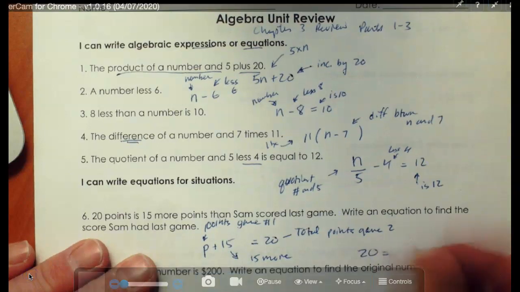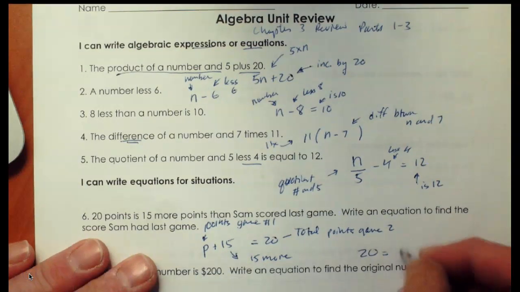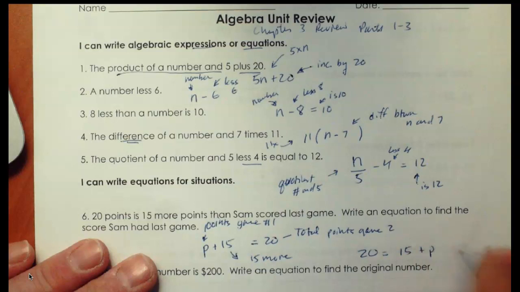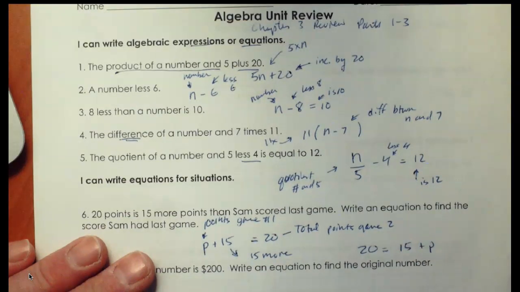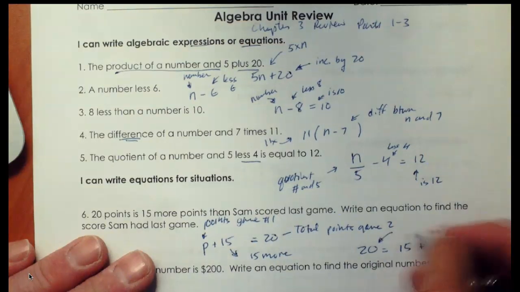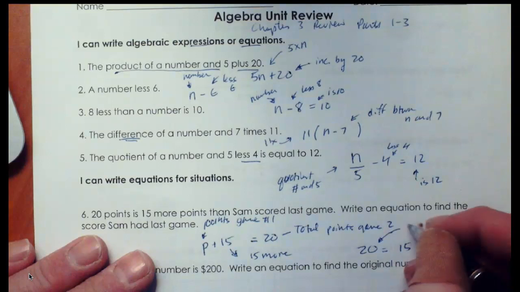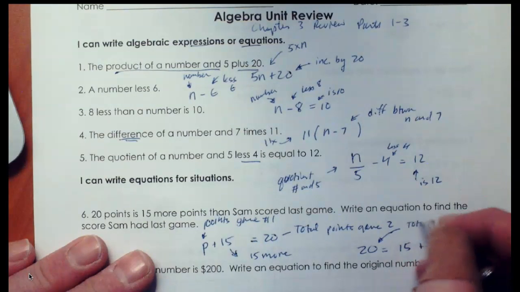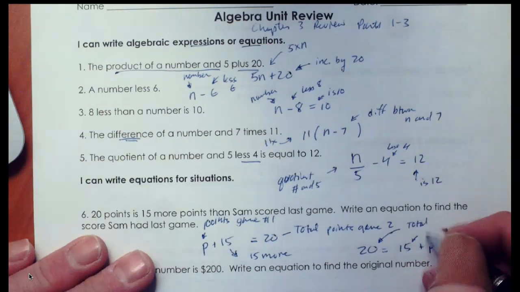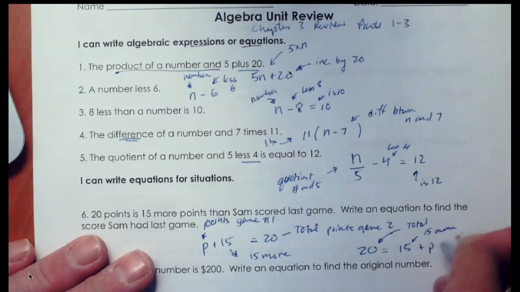Points is equal to 15 plus the points he had last game. So this one here might be maybe better representative of the situation. Okay, here's the total. These are the 15 extra, 15 more. This is points last game. So either one of these would be acceptable.